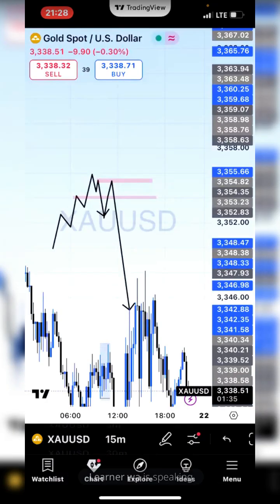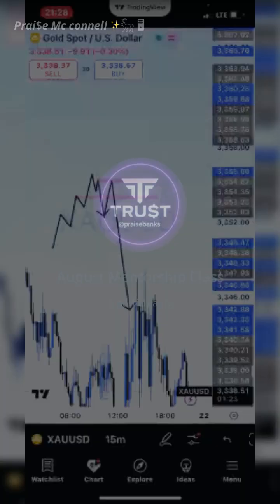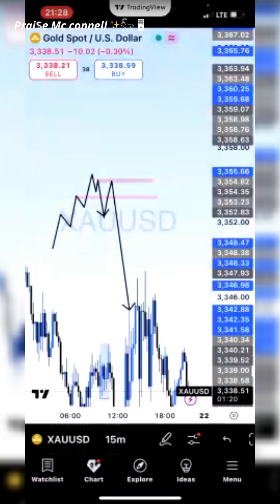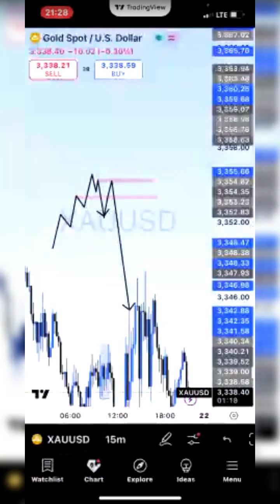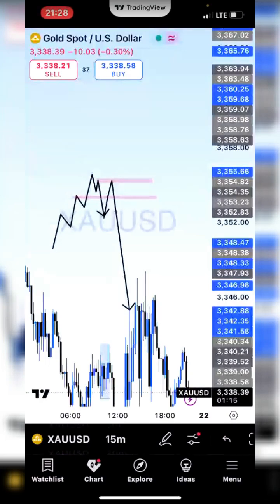Sorry sir, for the invalidation X, do you use 1 minute for your entry, or do you use 3 minutes? You can use any time frame, but the way I trade, I don't use lower time frame to find this. I use higher time frame to find my setups, 15 minutes.